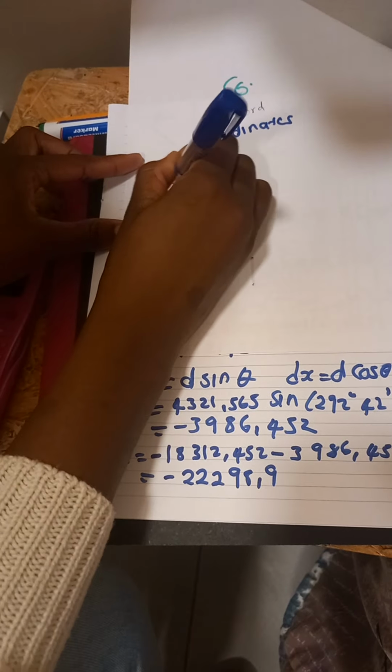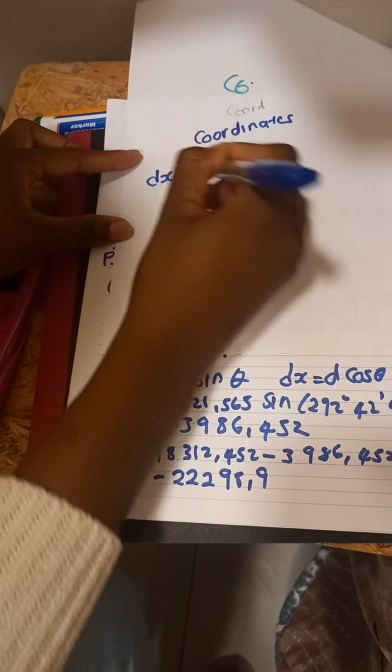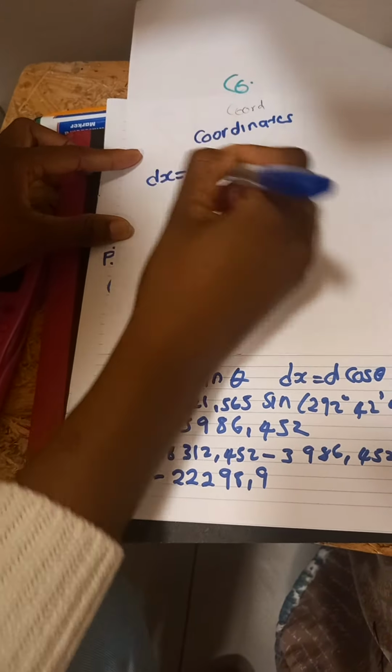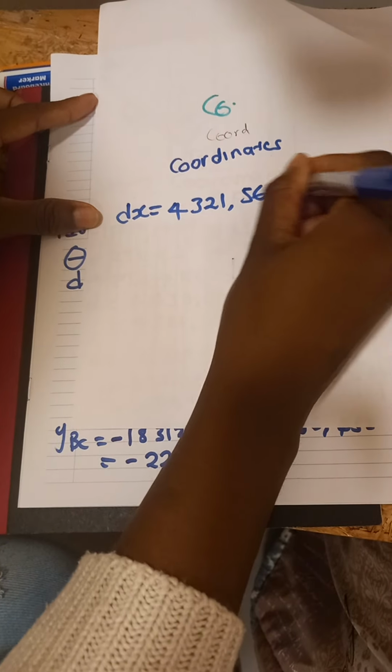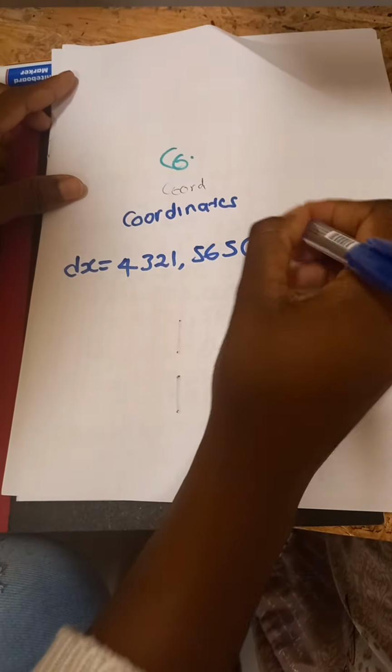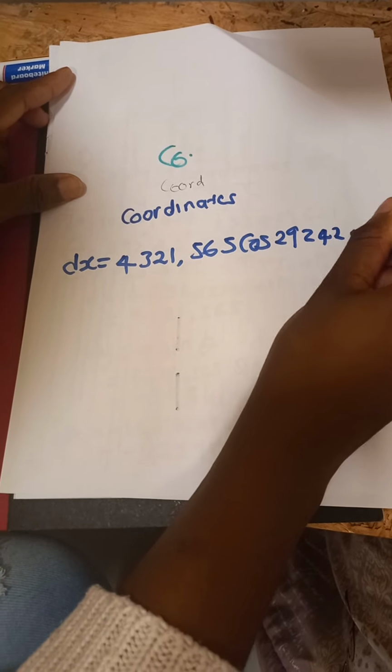Now we have to determine our x coordinate. Our change in x is given by the distance, which is 4321.565, times cos of the bearing, 292.4244.